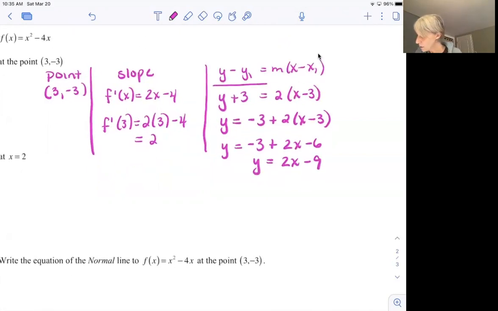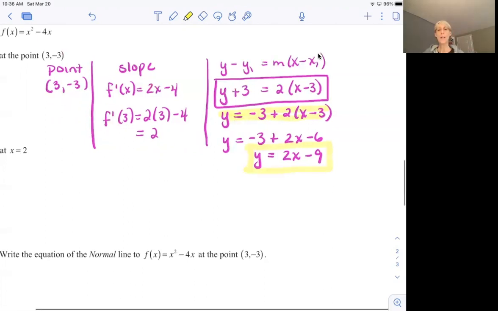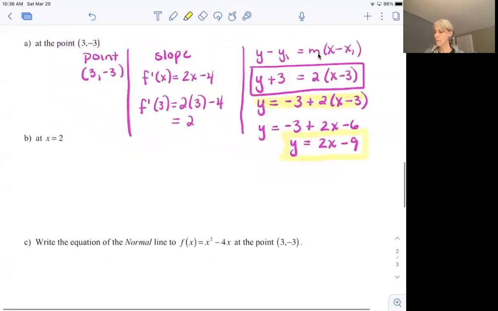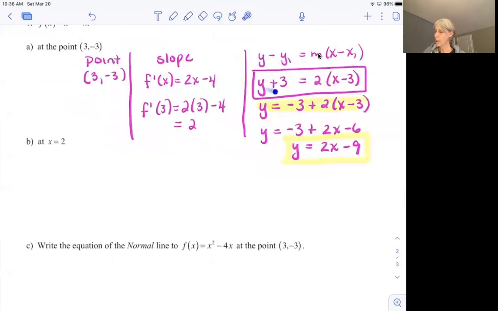So here's my original, which is perfectly acceptable. Here's my linear approximation, which you just have to know about. And here's what we call our official y equals mx plus b form. Again, this is okay. Some of you just may feel the need to do that, and that's fine.